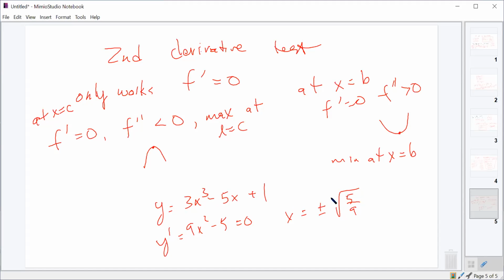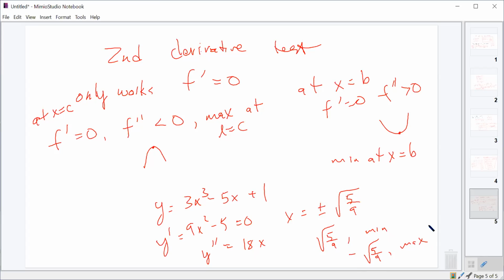Personally, I think it's just as easy to say y double prime is 18x. So at positive root 5/9, we have a positive value for our second derivative, which tells us we have a min. And at negative root 5/9, we have a negative value, which gives us a max.